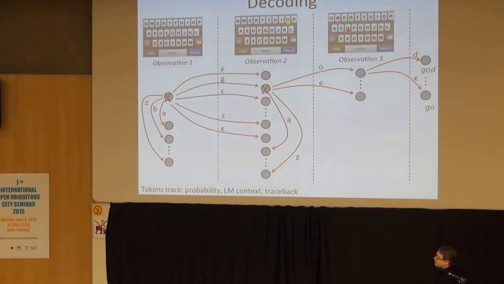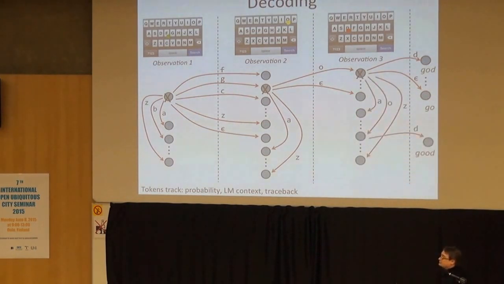So they carry the hypothesis of the user. One hypothesis very probably is going to be the word God. Another hypothesis might be the word go. And if we let the system run long enough and search for different solutions, it's probably also going to guess the word good. So G-O-D. So it stayed in one observation and generated an additional letter.